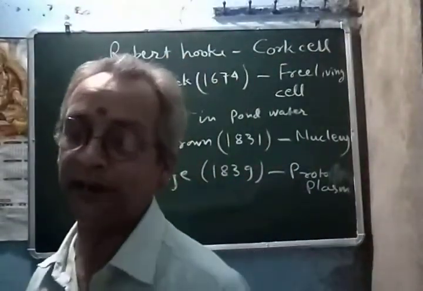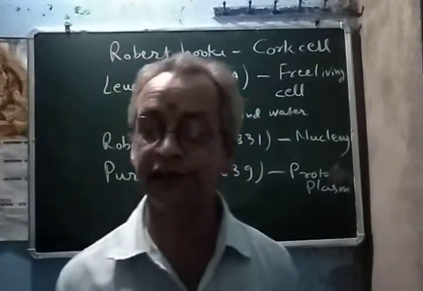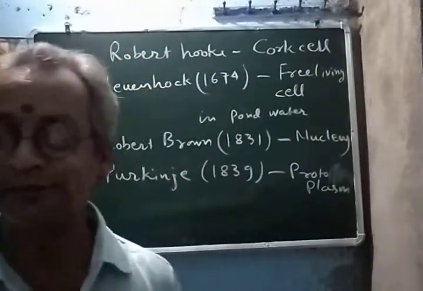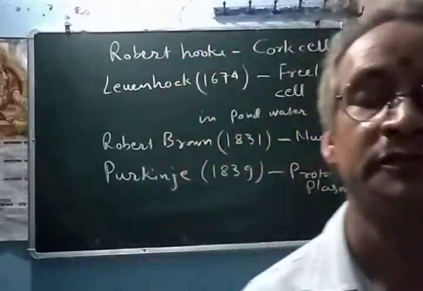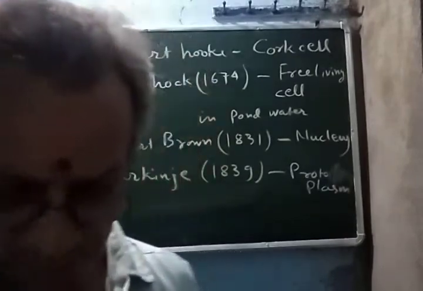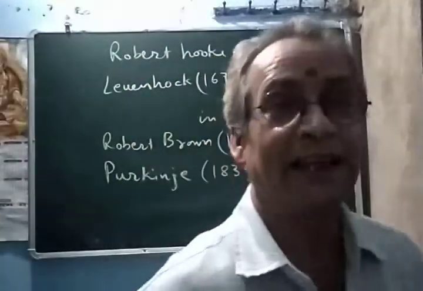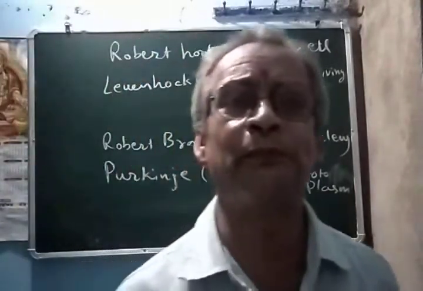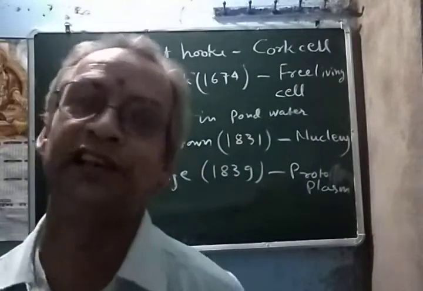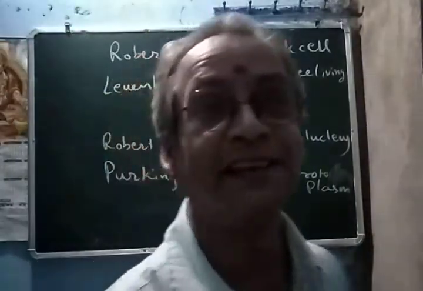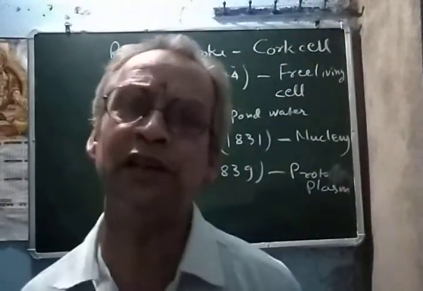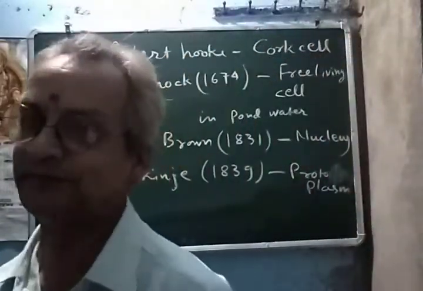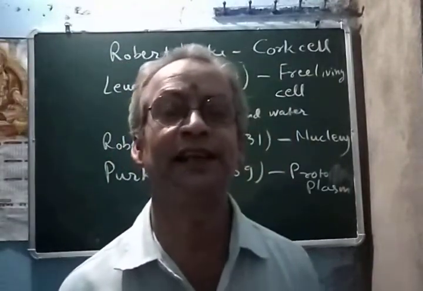At that time, about 1838, Schleiden, and in 1839, Schwann, told that all plants are made up of cells, and all animals are made up of cells, and gave the cell theory.